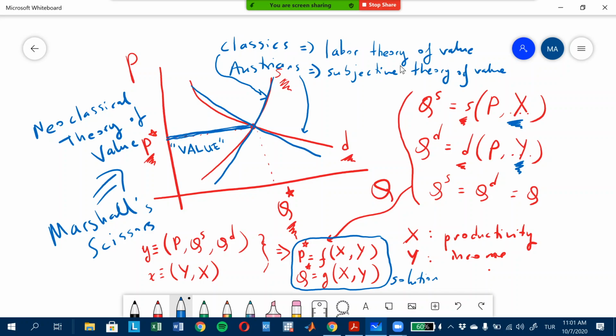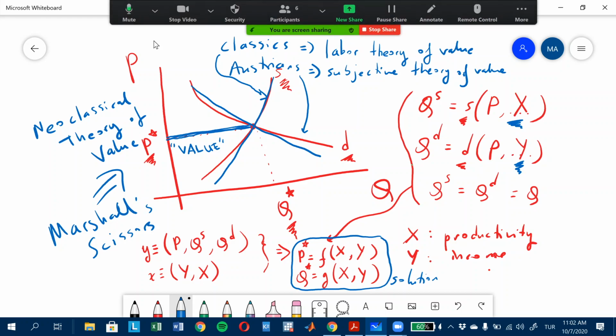But in Marshall, Walras, Jevons, and all the other founding fathers of neoclassical analysis, you can find a neoclassical theory of value, and that theory is what you always saw in your earlier lectures. This is the foundation of the entire general equilibrium theory, because this is the heart of neoclassical analysis. All right. So do you have any questions about this?